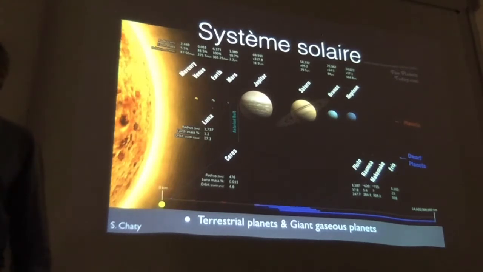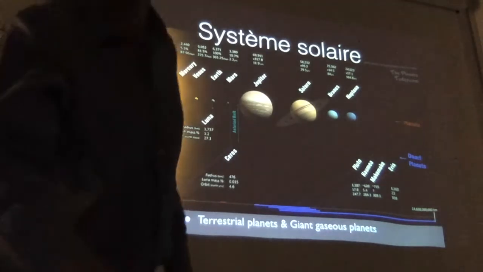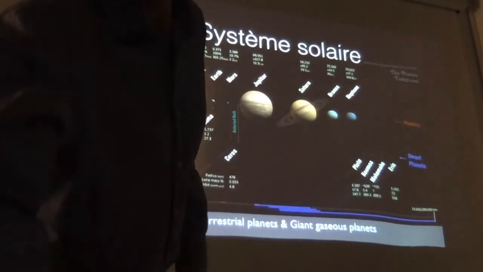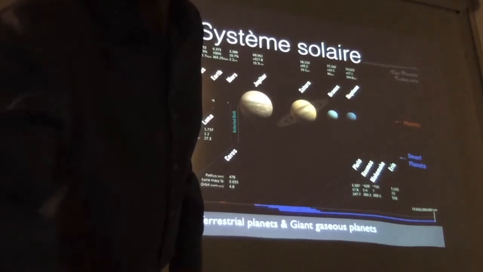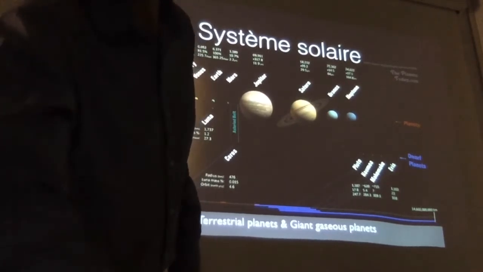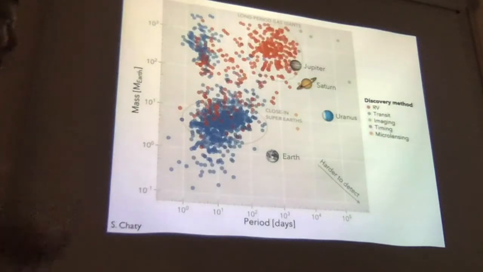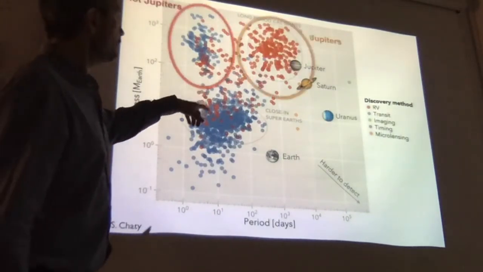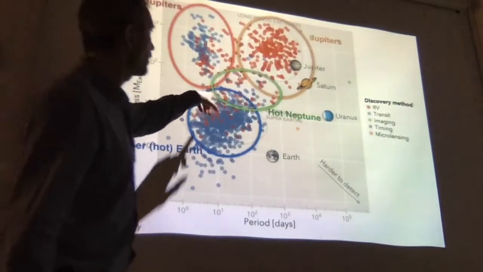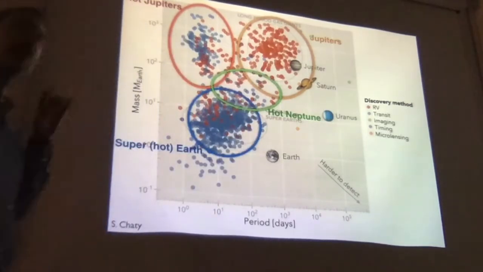This doesn't mean that we cannot form them. This probably just means that it's more difficult perhaps to form, and also more difficult to detect, because if it was not more difficult, well, we would have detected them. So there are these hot Neptune, and we want to detect more of them.